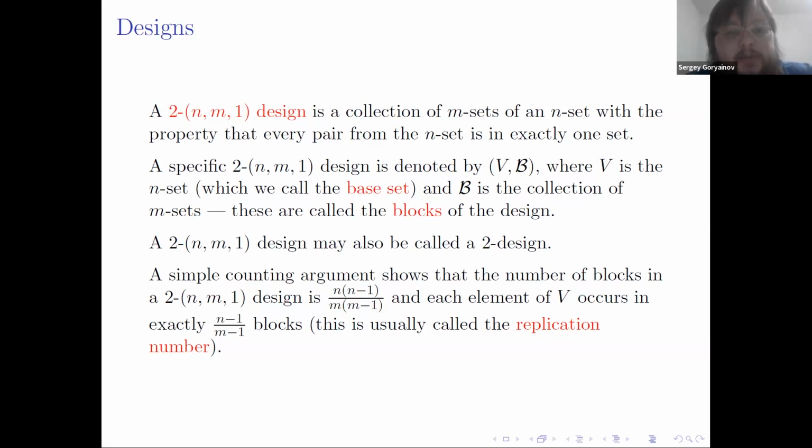A specific 2-(n, m, 1) design is denoted by (V, B), where V is the n-set, which we call the base set, and B is the collection of m-sets. These are called blocks of the design.